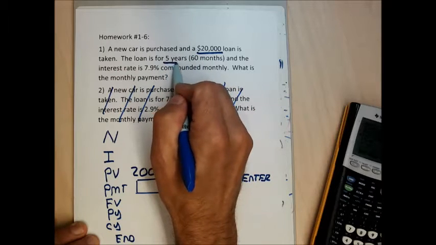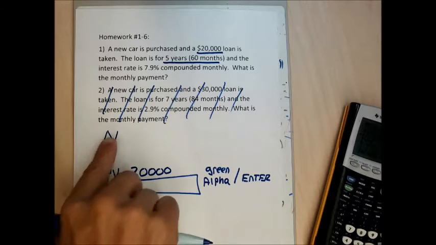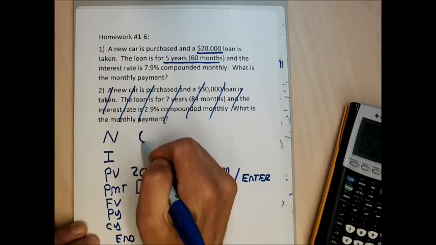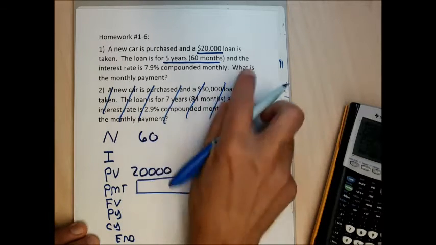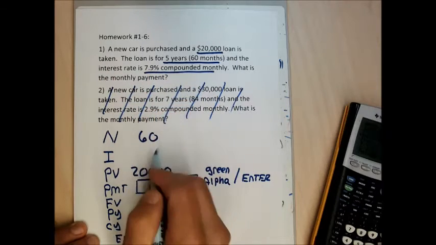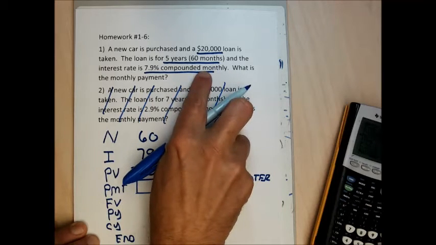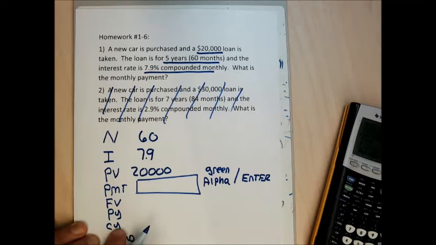The 5 years isn't going to go anywhere in my computations. The N is the number of months. I'm going to put a 60 next to the N. And the interest rate is 7.9% compounded monthly. That's going to give me the 7.9 for the I. Technically, the compounded monthly tells you the CY is 12, but I'll get to that in a second.